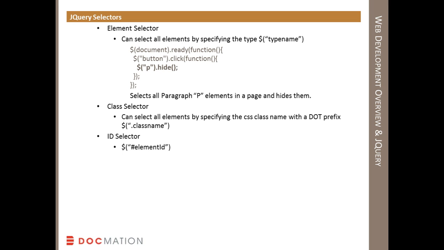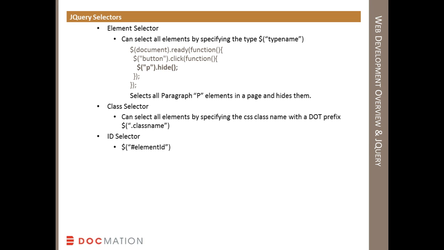There are other kinds of elements like your HTML form input elements. What are the input elements? A text box is an input element. A drop-down list is an input element. Button, radio boxes, check boxes, text area, all of these are nothing but input elements that are part of your page.